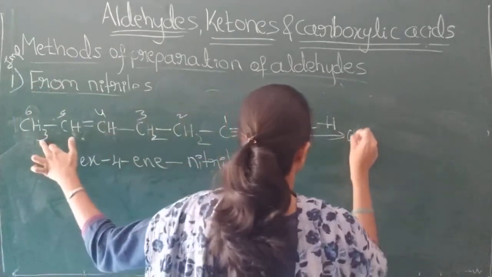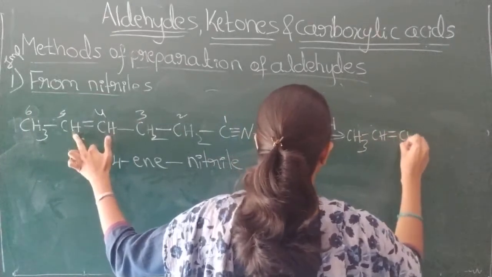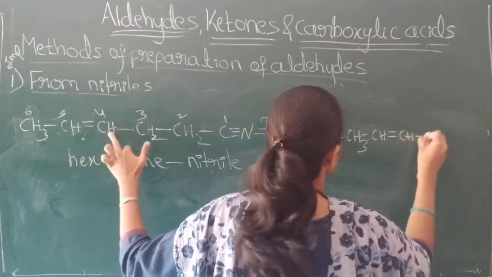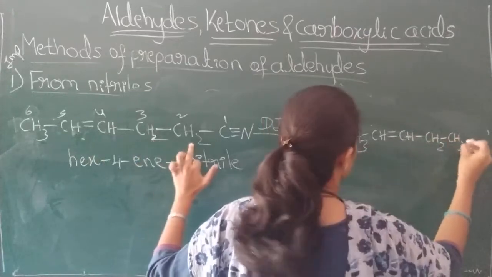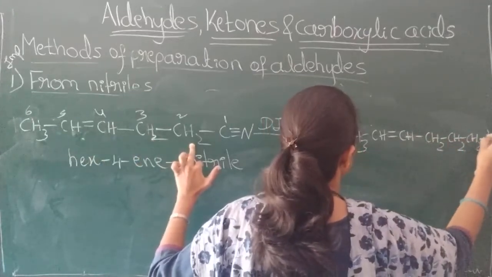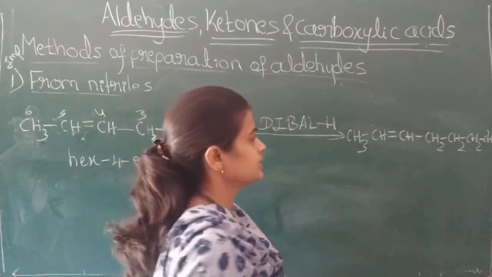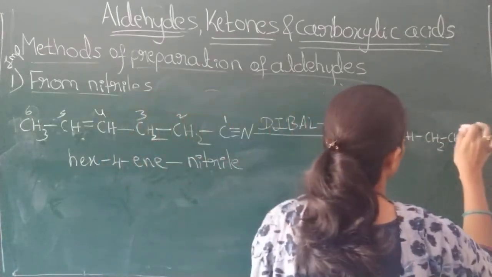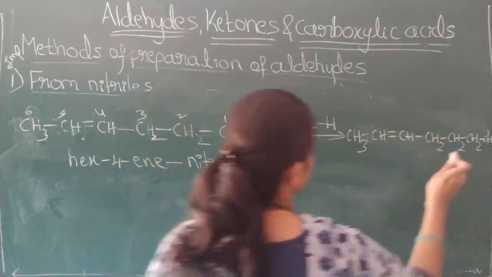Therefore, CH3, CH double bond CH, CH2, CH2, CHO. There are 6 carbon atoms.